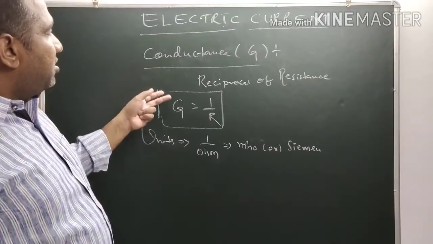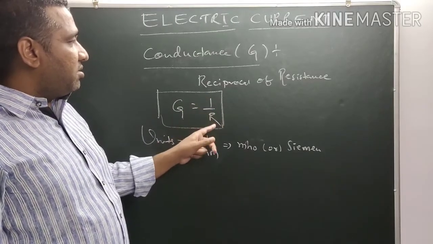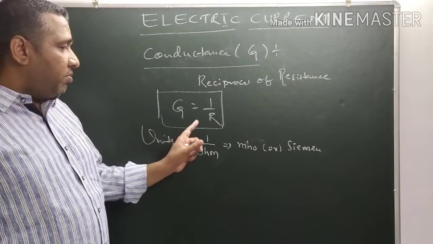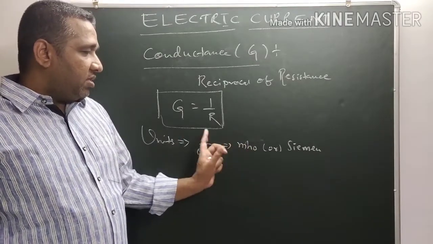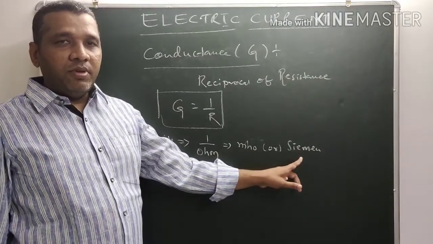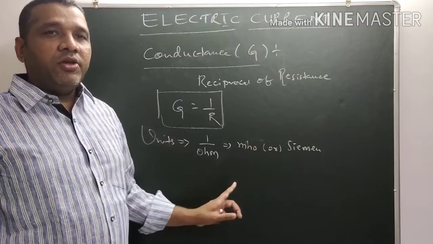So conductance is nothing but the reciprocal of electrical resistance. The units of conductance are 1 by ohm, or we can say mho, or Siemens. These are the measuring units of conductance.